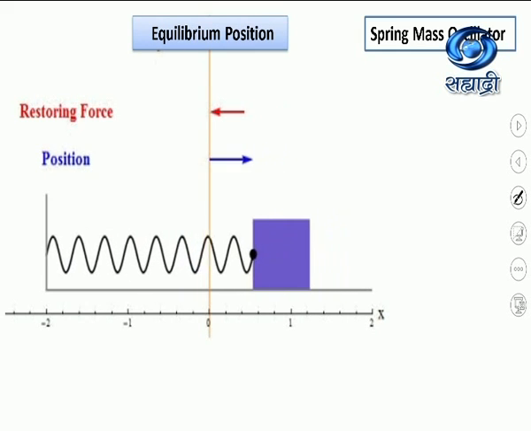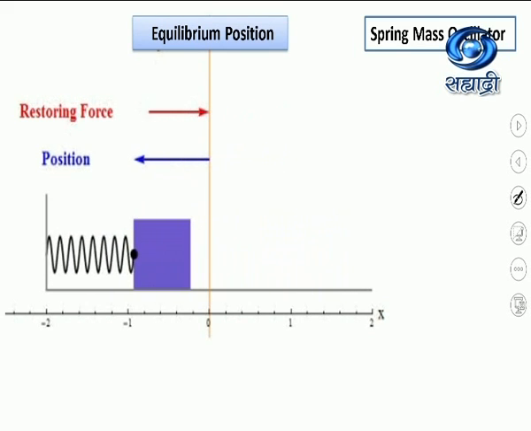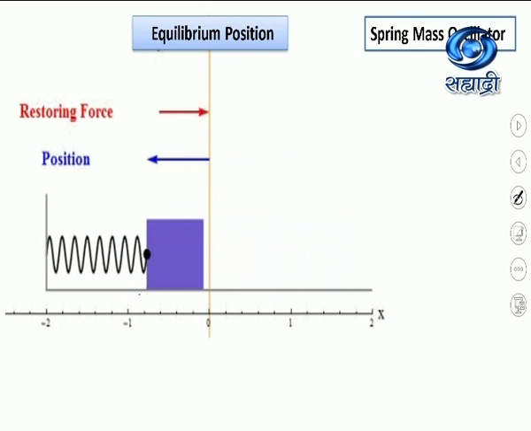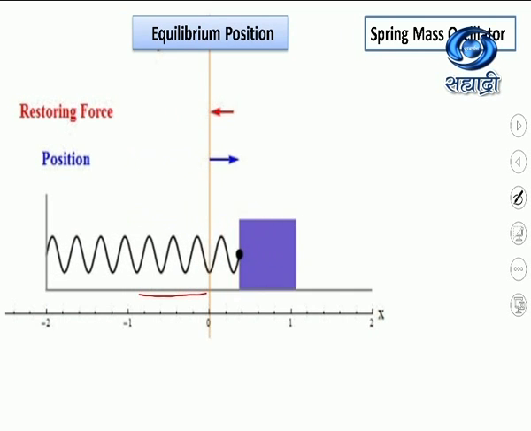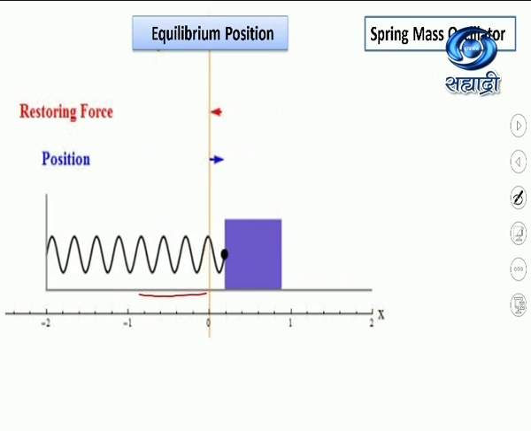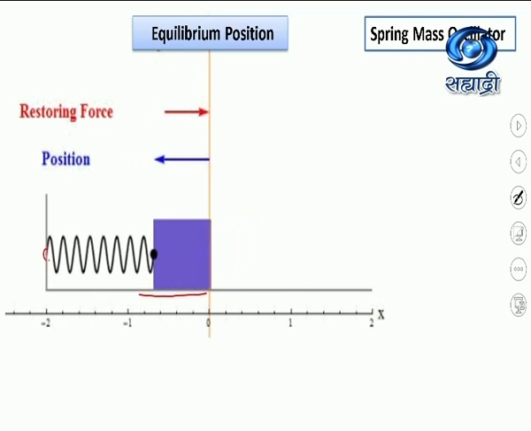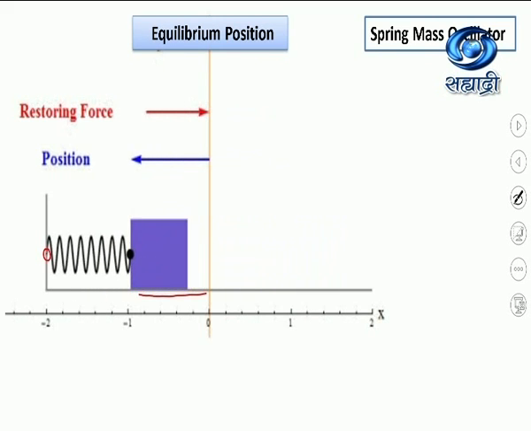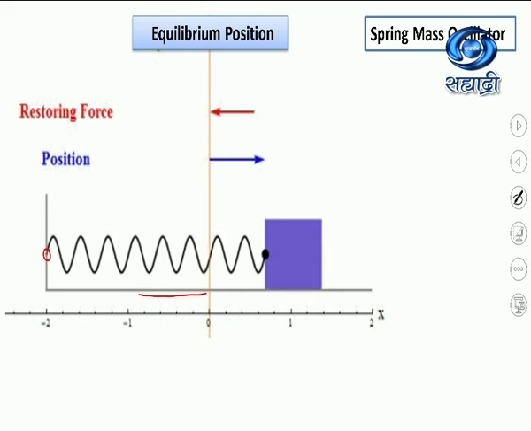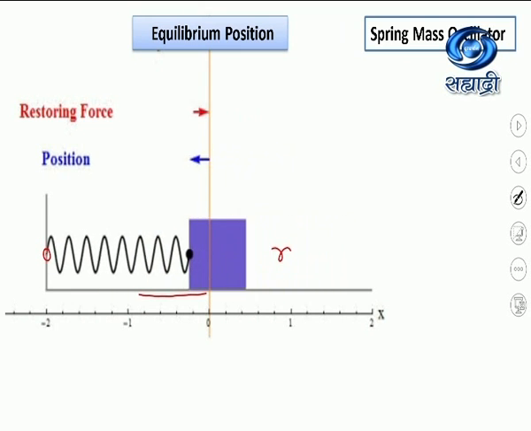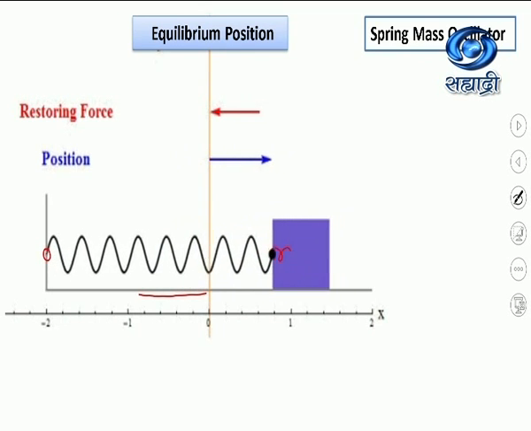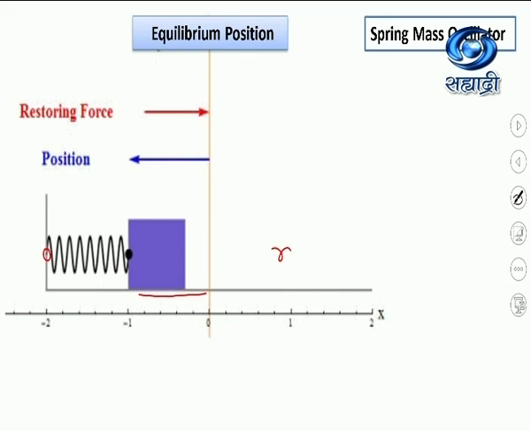So consider a block, I'll say lightweight rectangular block, which is kept on a frictionless platform. One of the ends of the flexible spring is fixed to a rigid support and the free end of the spring is fixed to a block as is observed on the screen.